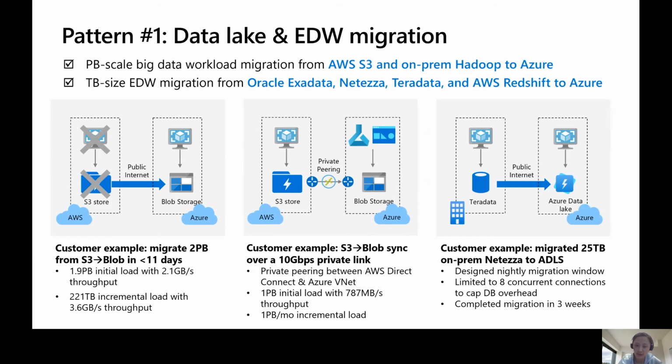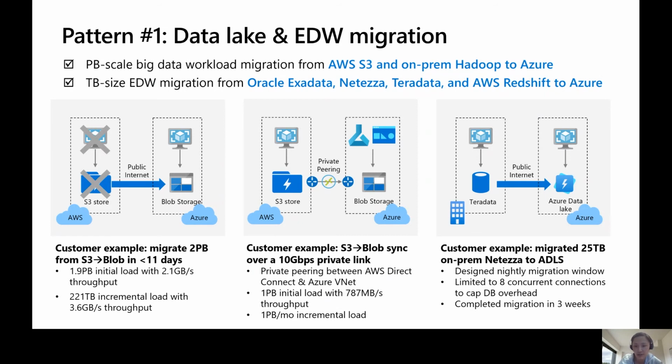The second customer in the middle, instead of completing the migration and decommissioning their existing lake, they actually want to keep the data lake in Azure in sync with the source, which happens to be S3 in this case. And the other difference is, instead of moving the data over public internet, they want to accomplish the data transfer over a private peering point between AWS Direct Connect and Azure Virtual Network.